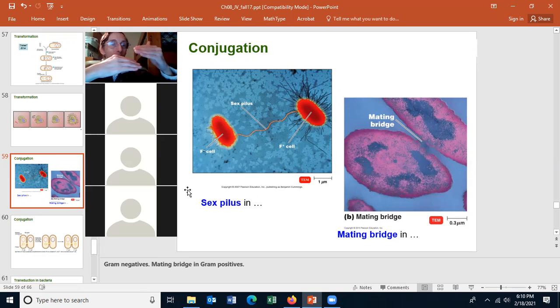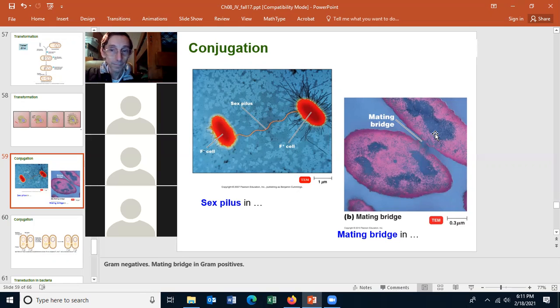Okay, so the cell membranes are like this, they touch, and then they fuse together, and then they open up. So there's actual exchange of cytoplasm between this cell and that cell. And that can allow DNA, usually a plasmid, from one cell to move into the other cell.